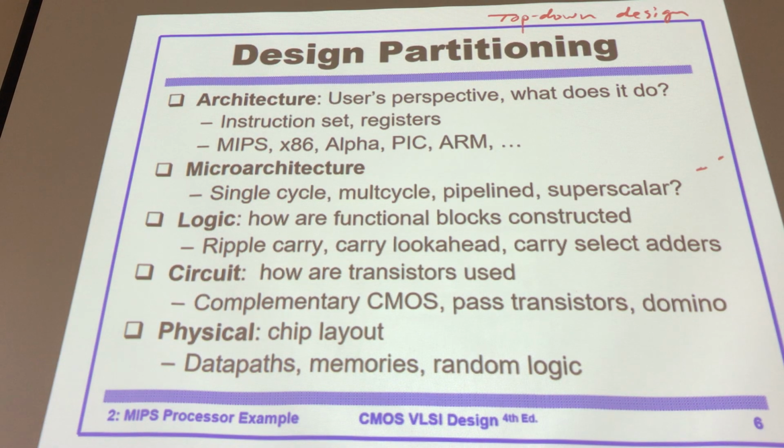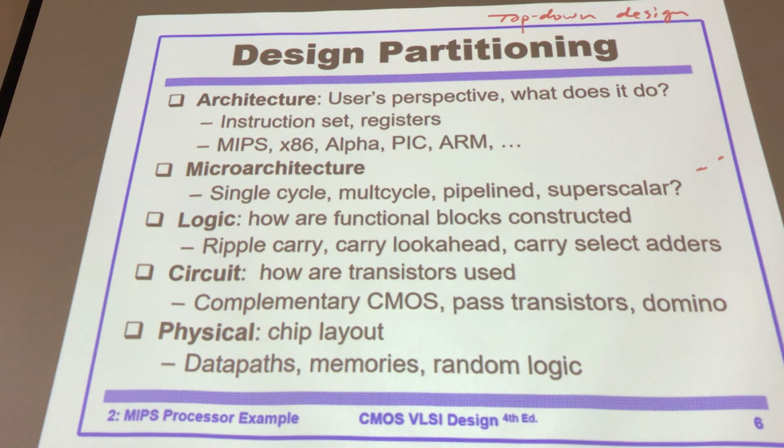Based on the instruction set, you can write your program for the CPU. And how many registers do you have in the system? There are many kinds of CPU in industry, like IBM, x86, Alpha, ARM, and so on and so forth.